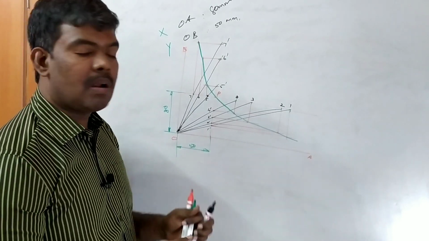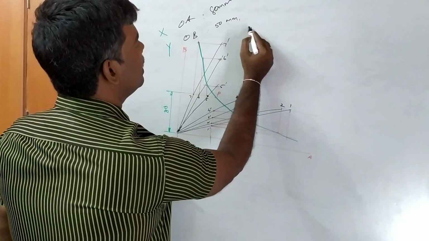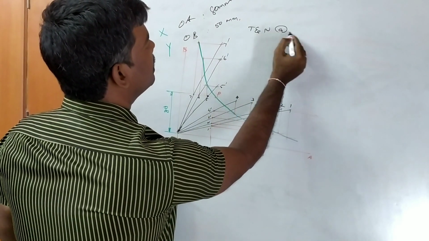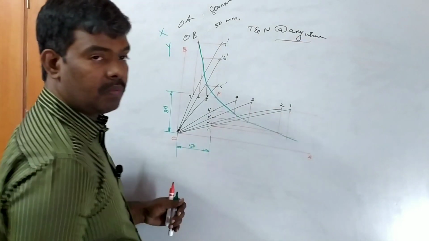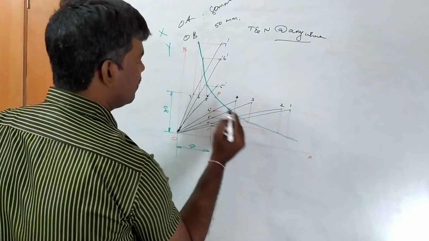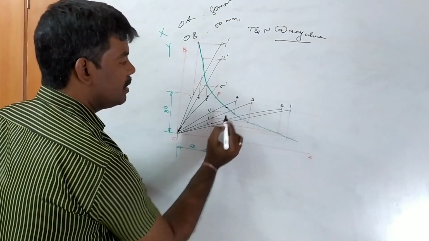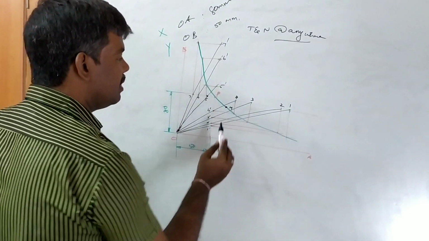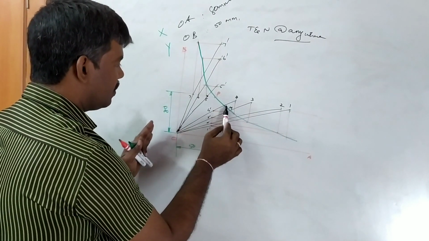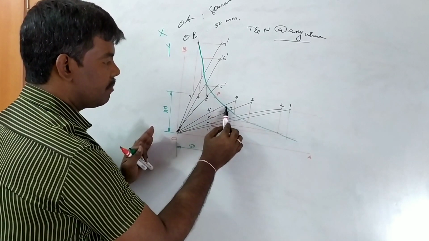In the same problem, how to draw the tangent and normal is very simple. You can draw the tangent and normal anywhere on the curve. For example, I consider this point M. For the tangent and normal at M, from M you draw a line parallel to OB.